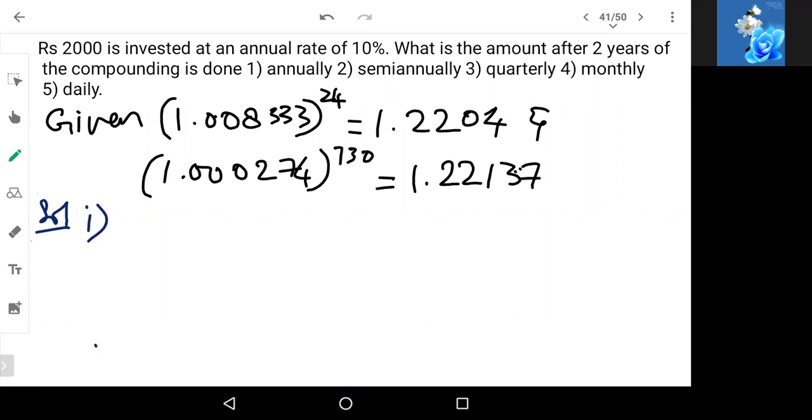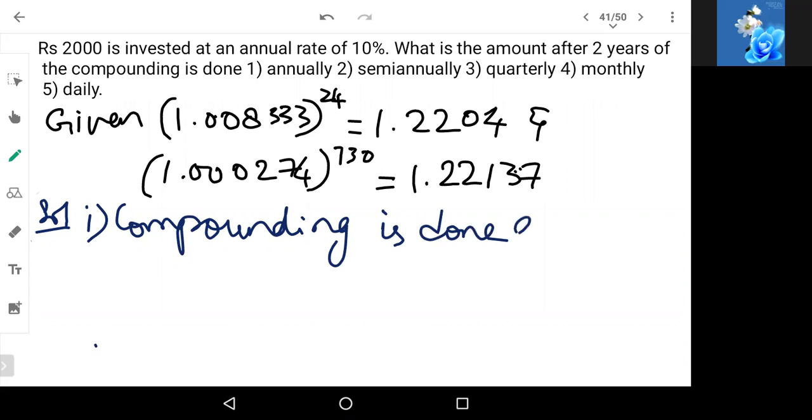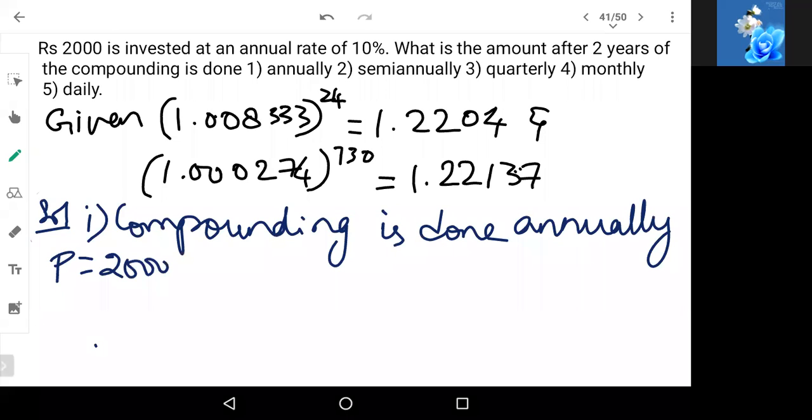So compounding is done annually. Now in this case, principal is 2000. Rate of interest is 10%. Time is 2 years.